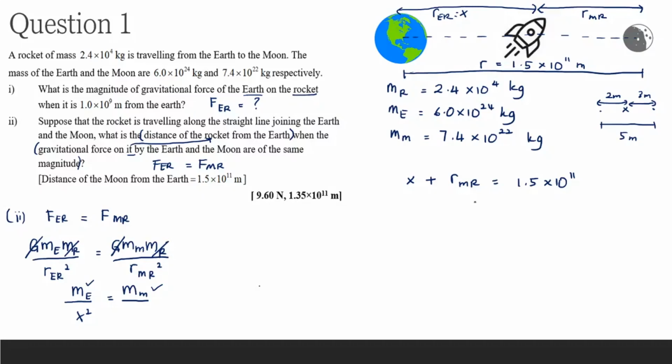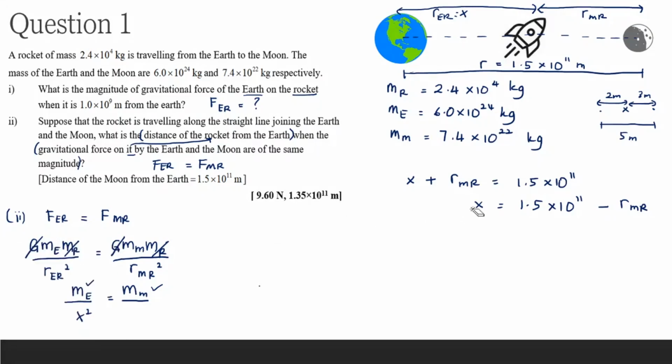In order to find X, or to express the value in terms of X, to make your calculation easier, then kita akan dapat 1.5 exponent 11 minus RMR. Okay. Oh, sorry. Is it correct? Yeah, I think so. So kita sekarang nak value RMR lah sebenarnya.